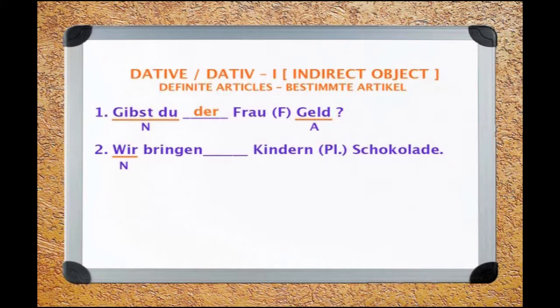For that we have the answer in nominative, wir. Who brings what? For that we have the answer Schokolade, which means chocolate, and the what becomes accusative. And now we have to see for whom the chocolate is brought, and that becomes dative.